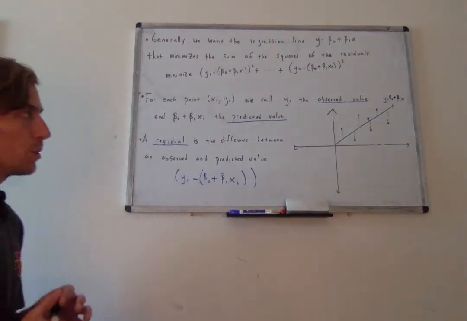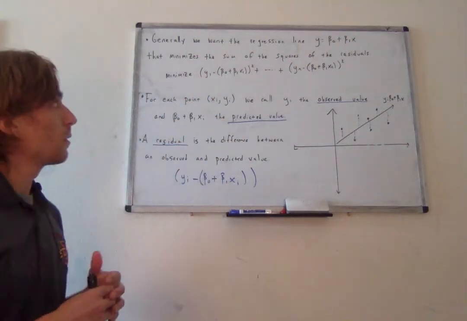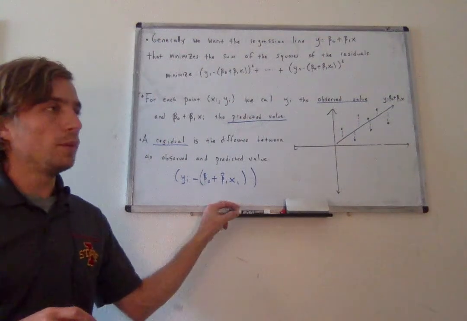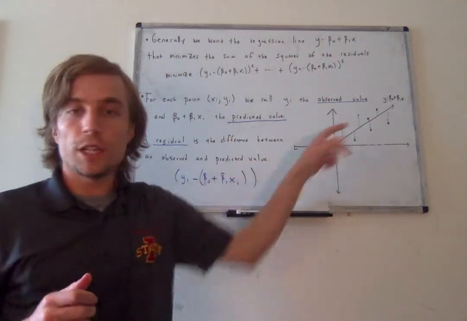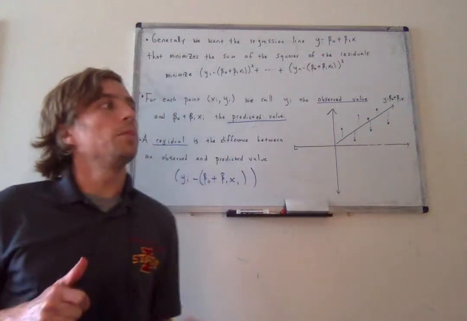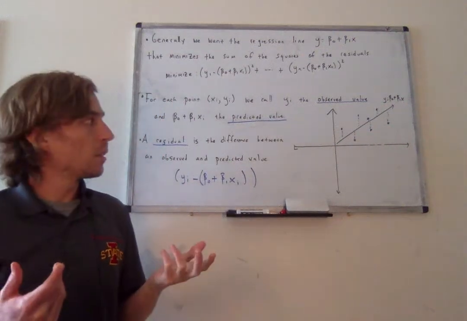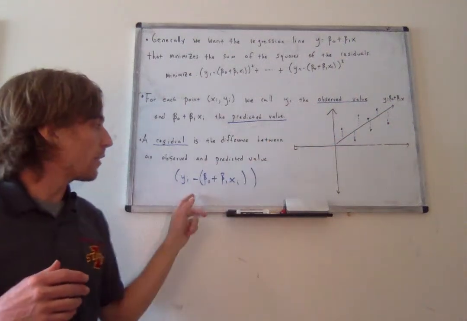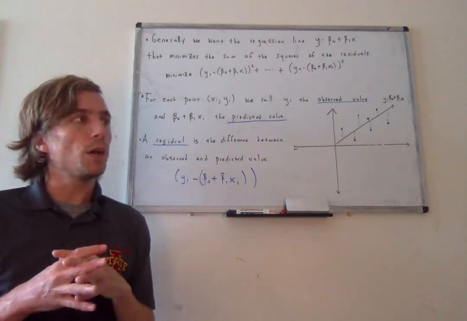I'm not 100% sure why this standard was chosen. My guess would be that just trying to minimize the sums of these differences would be difficult, because some of the differences are going to be negative and some are going to be positive.